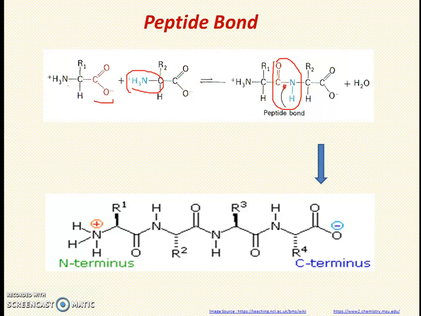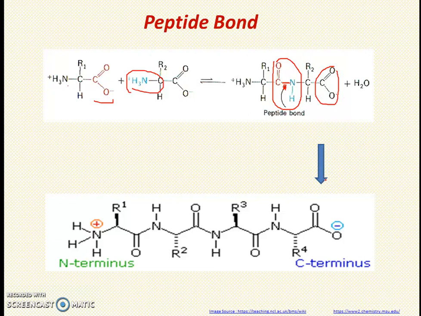This bond is called a peptide bond. And when there is a carboxyl group, it again joins with another incoming amino group, forming another peptide bond. Likewise, the carboxyl group again joins with another amino group, forming the peptide bond.